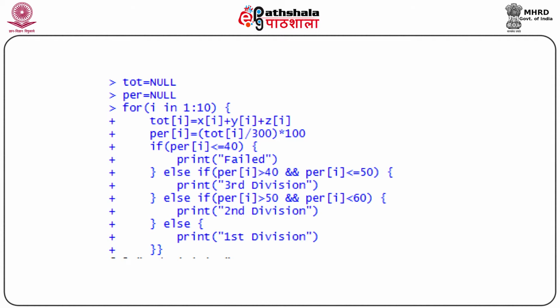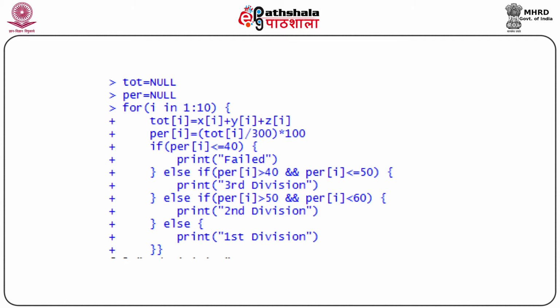Now we are examining the percentage of each of the students, and if it is less than or equal to 40, we will mark the individual as failed. Else, if per is more than 40 but less than or equal to 50, the student will be classified as third division.